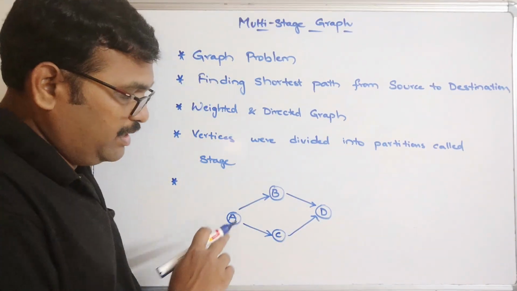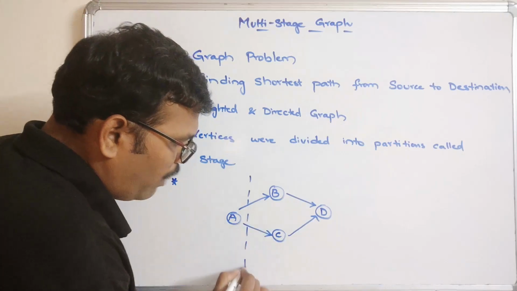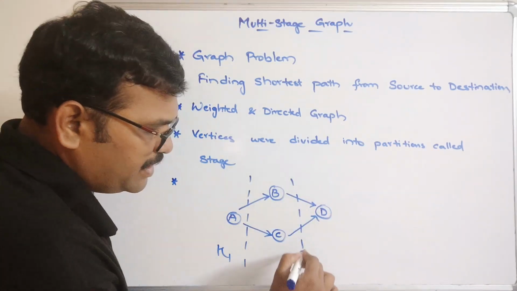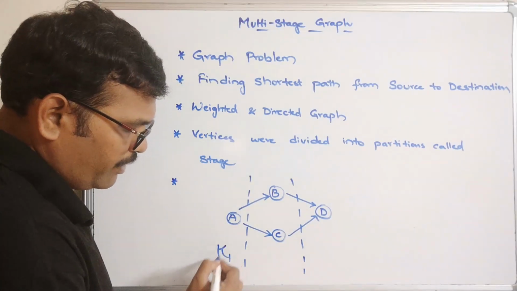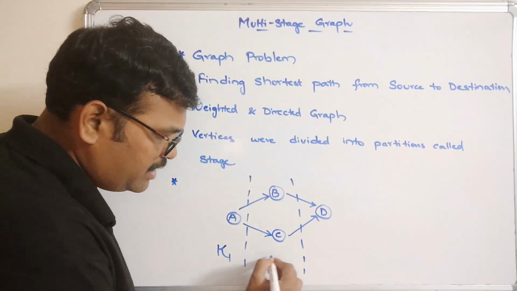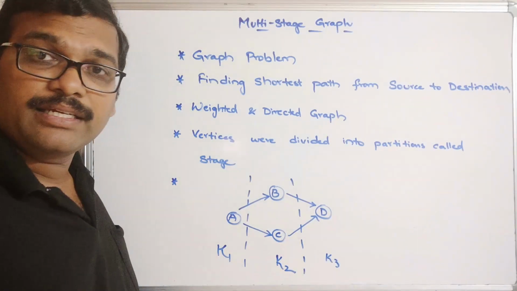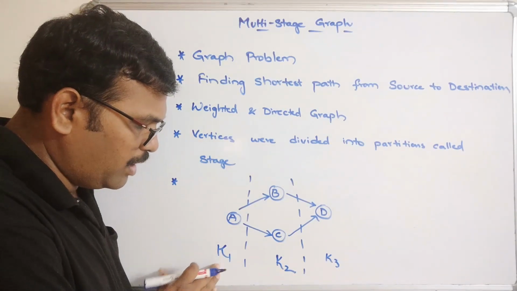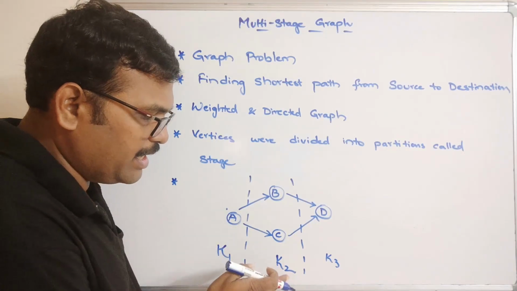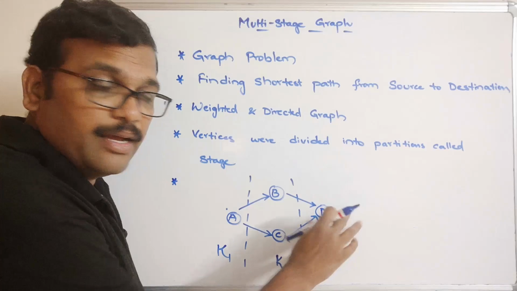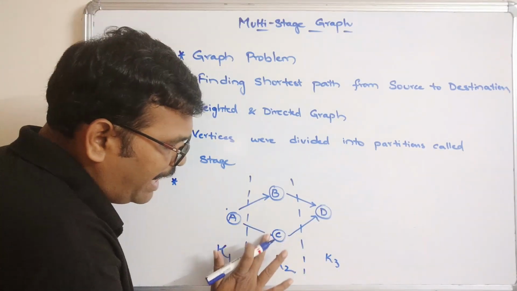This is one partition, this is another partition. So here we can say K1 is a stage, K2 is another stage, and K3 is another stage. In stage K1 we have one vertex, in K2 we have two vertices, in K3 we have one vertex, and there should not be a direction in this way.